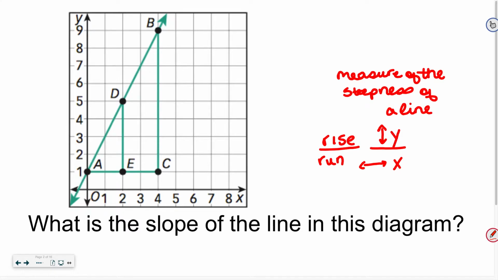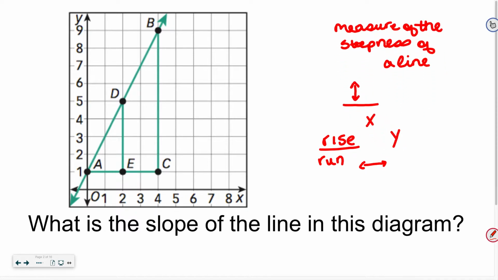Looking at that line, can you find the slope? Does anyone have a value? Anyone have ideas?